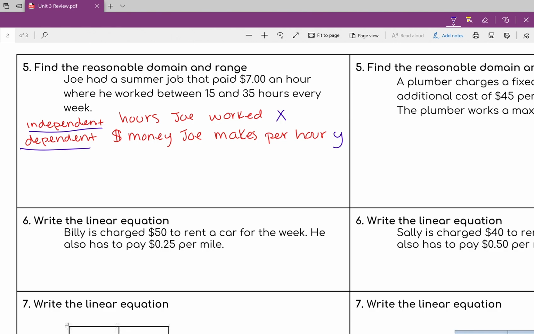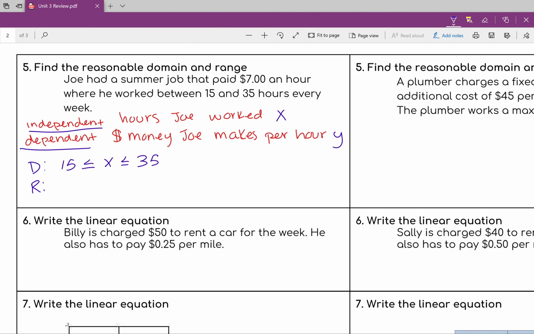So now we can use this to find our reasonable domain and range. Since domain is x's, we know that Joe can work between 15 and 35 hours. So that means he can work 15 hours or he can work 35 hours. Right? He can work any hours in between. And then for the range, let's say Joe works 15 hours.